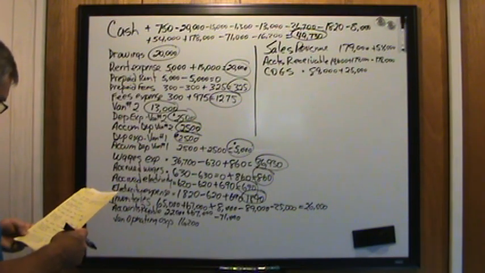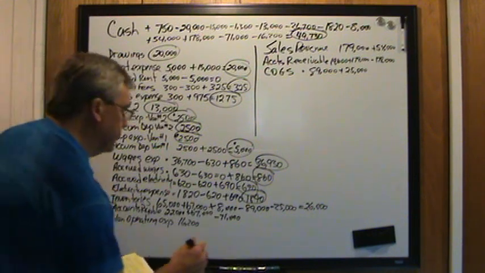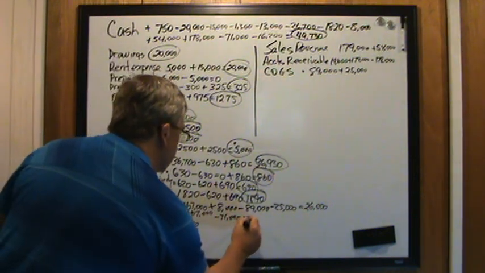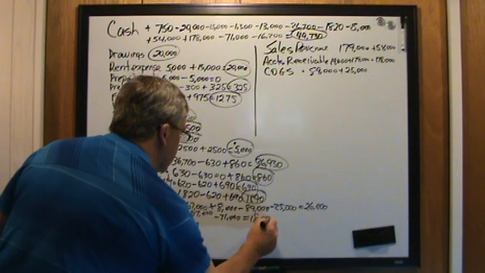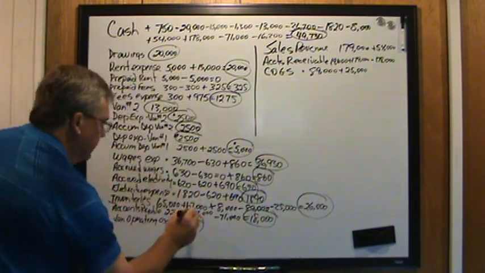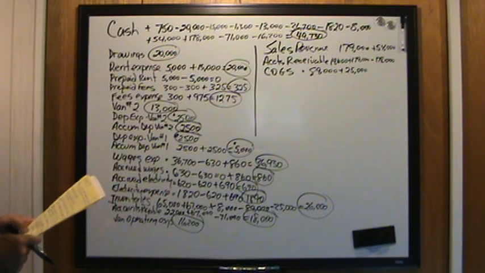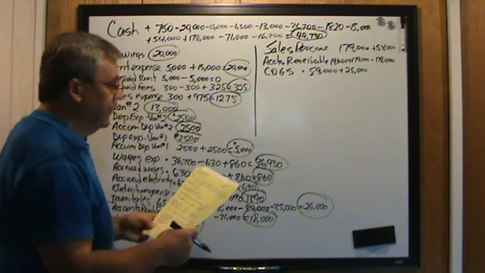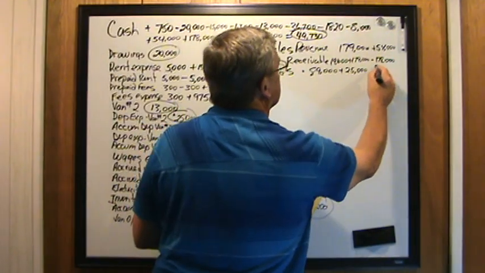Accounts payable are 18,000. Van operating expense is just the one number of 16,200. Accounts receivable 20,600.